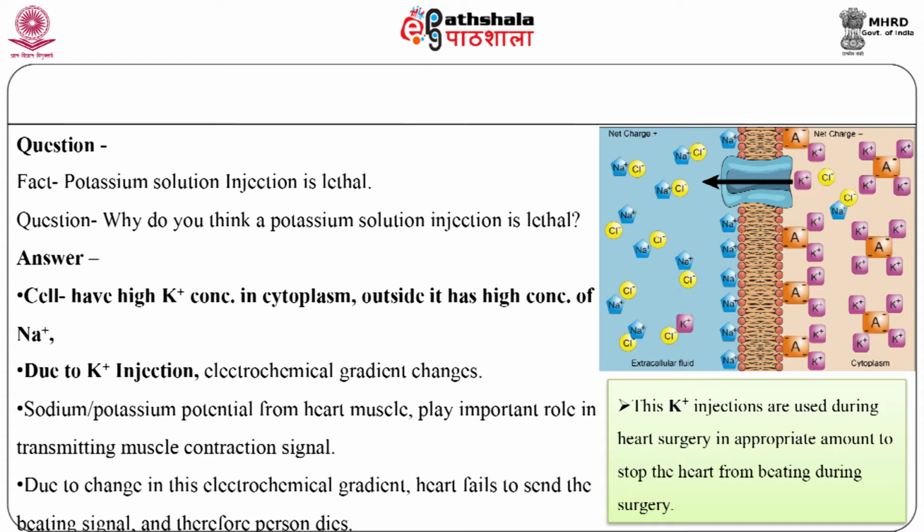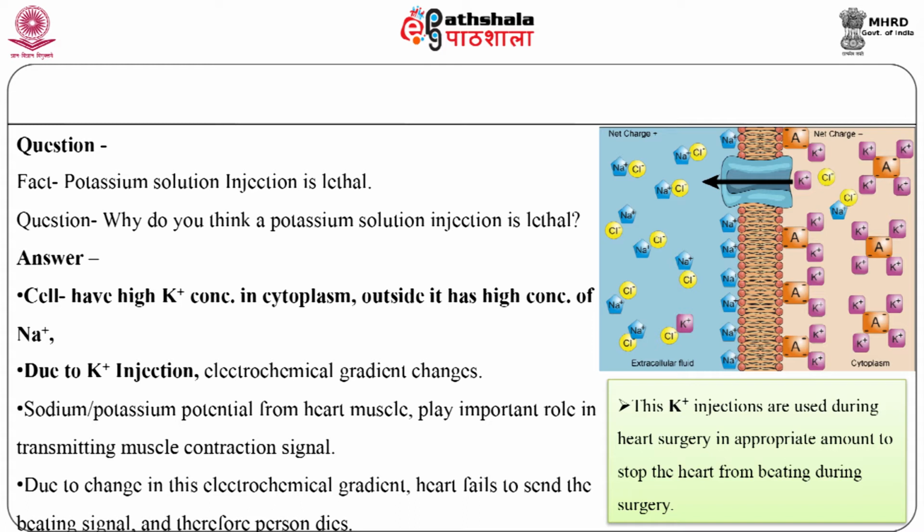Potassium sodium potential from heart muscle plays a very important role in transmitting the muscle contraction signals. Due to the change in this electrochemical gradient, heart fails to send the beating signal and therefore person dies. That is the reason why potassium solution injection is lethal.